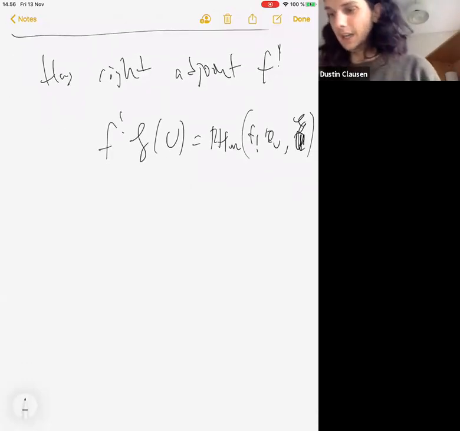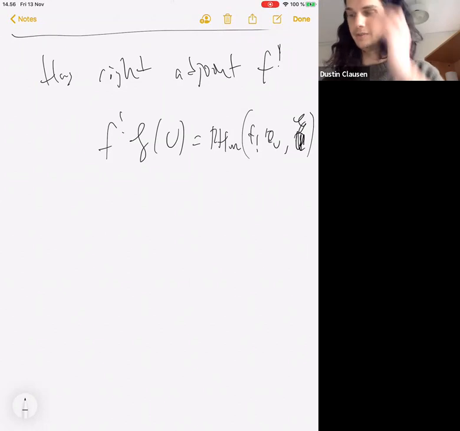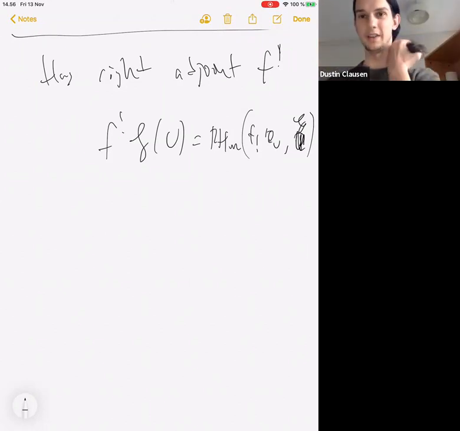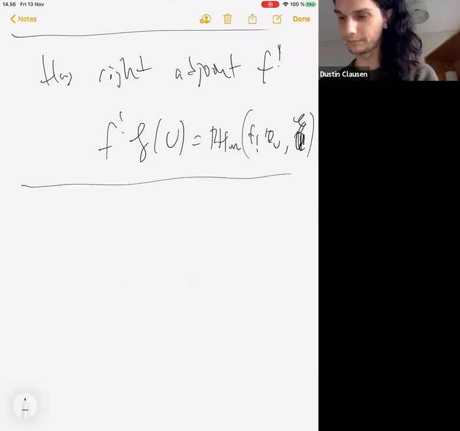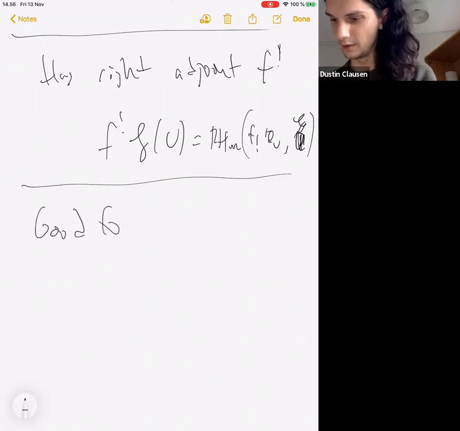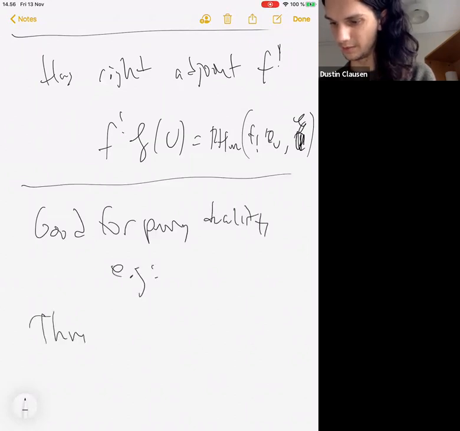Okay, right. So this is the six functor formalism, and I said the kind of thing it's good for is proving duality statements. So, for example, there's a theorem, I guess, of Verdier.